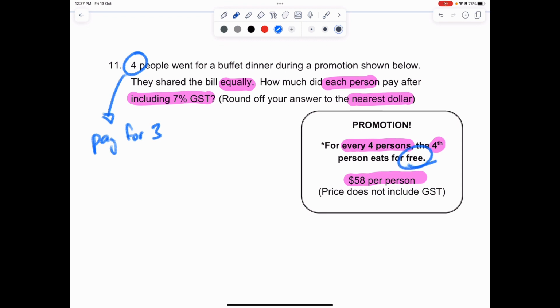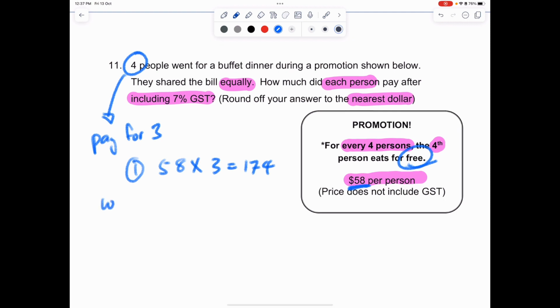So the price is 58. The first step is 58 times 3. In this case, your answer would be 174. So 174 is the total price that they paid before GST.